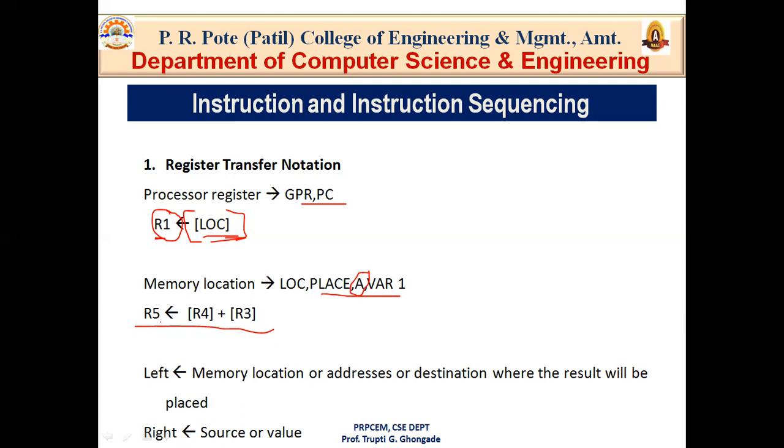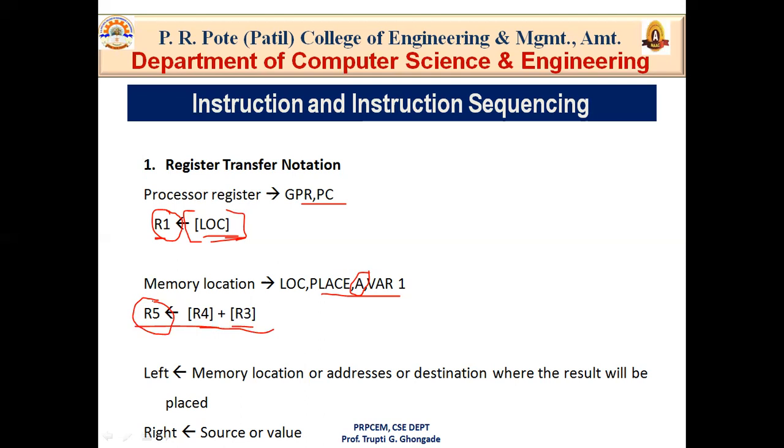This instruction indicates that the contents of R4 and the contents of R3, both general purpose registers present inside the processor, are added and stored in R5. This is the format of writing a program for instruction sequencing and instruction execution.